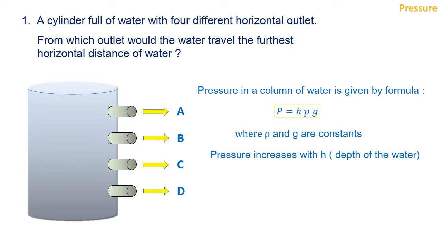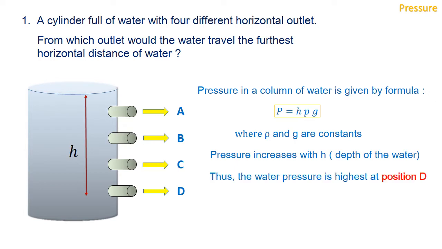Pressure increases with h, the depth of the water. Thus, the water pressure is highest at position D.